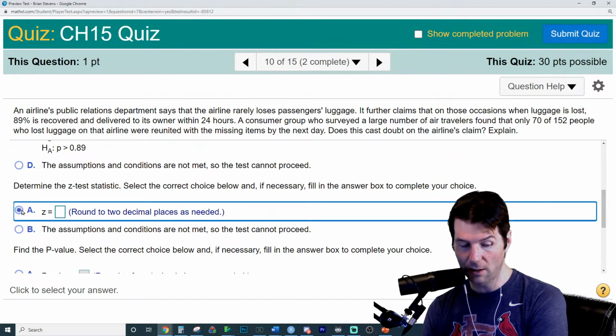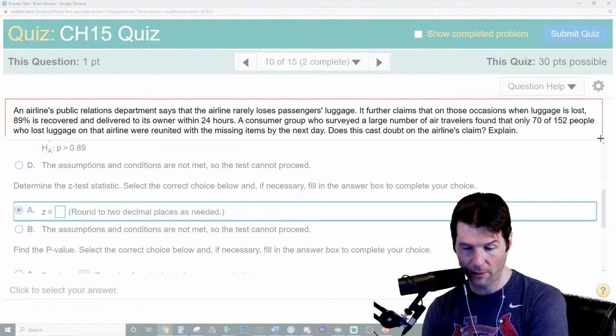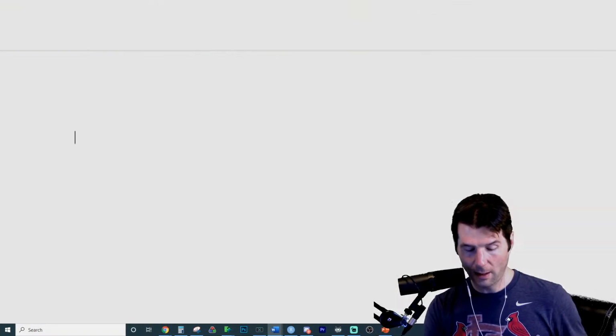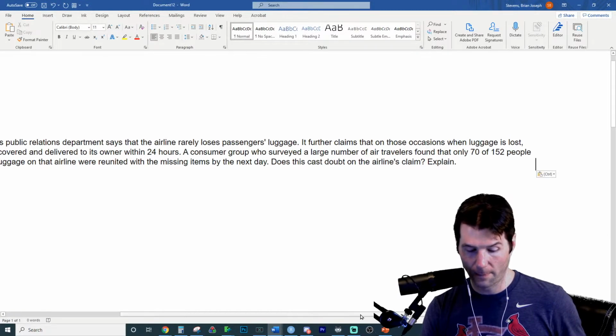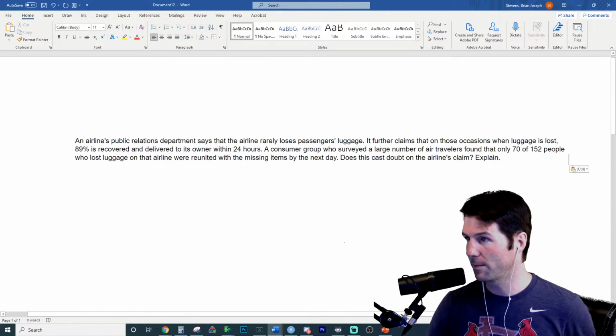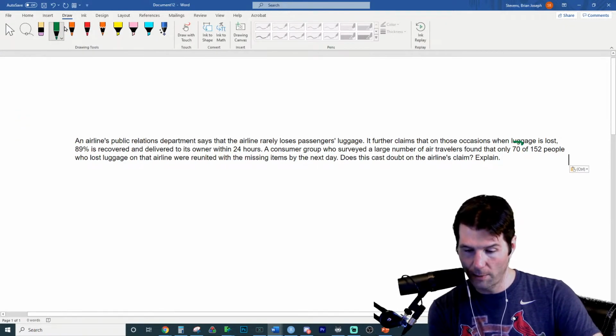And since the assumptions and conditions are met, we can get the z-score. Let's go find that z-score. Remember, they're claiming 89%. So Layla, tell me one bit of the notation as I write out the equation right here.